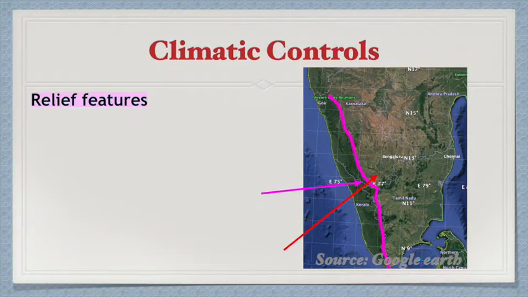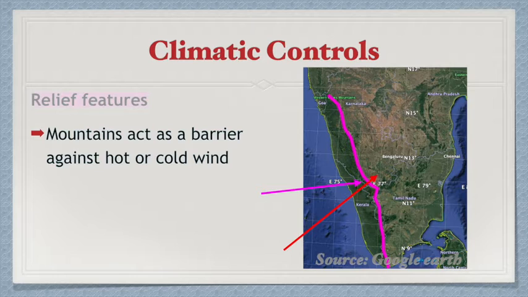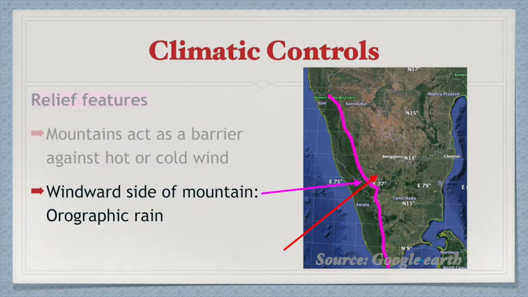Next climatic control is relief. In India, mountains act as a barrier against hot and cold winds. For example, the Himalayas prevent cold wind from Central Asia from passing over to India. It protects from cold winds emanating from Central Asia.